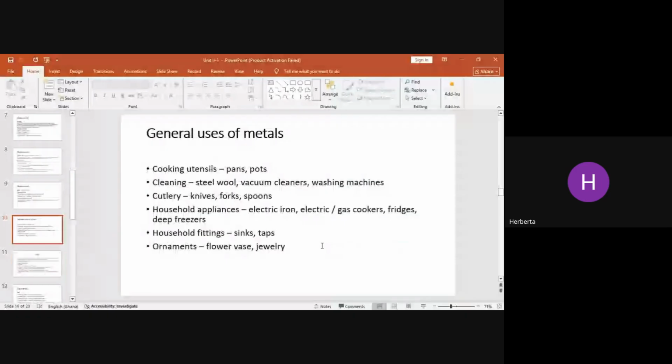Now, generally, what are the uses of metals? Generally, all metals, what are the general uses of metals? They are used as cooking utensils.